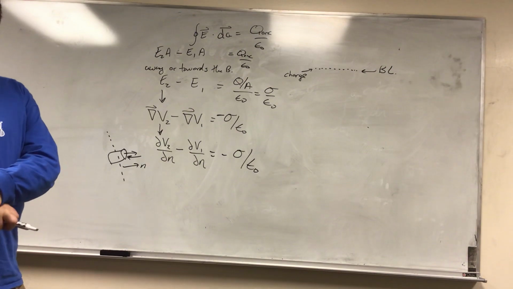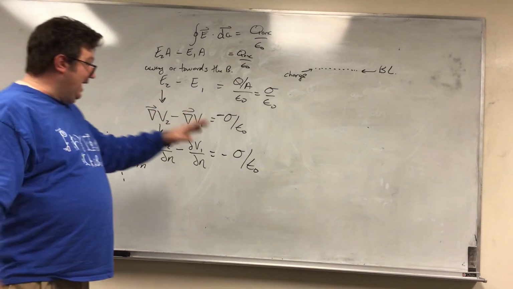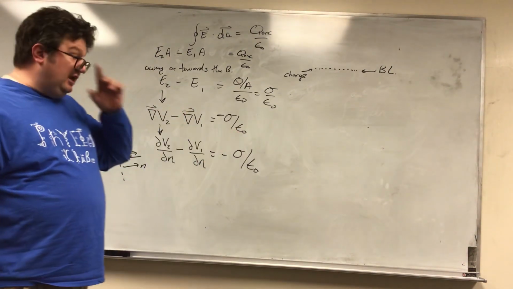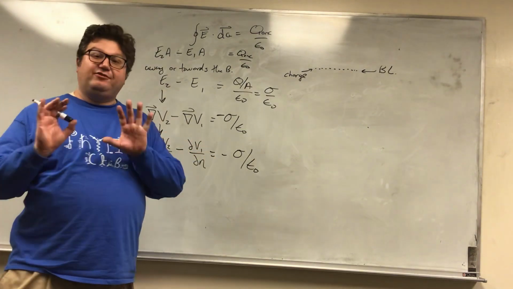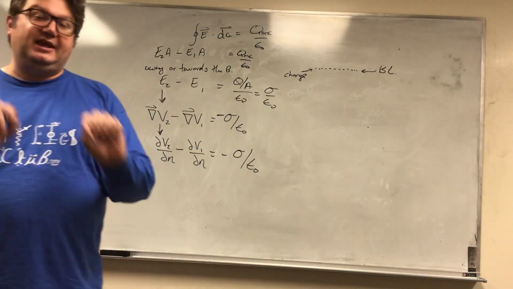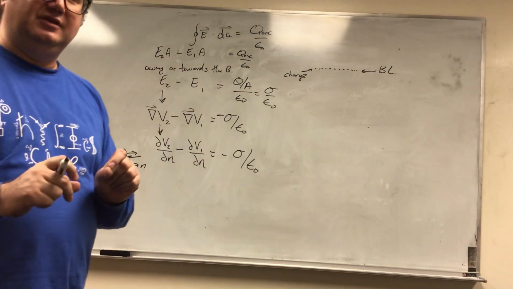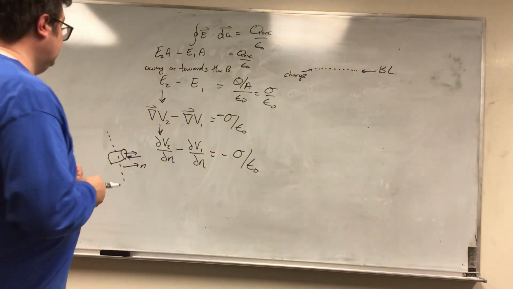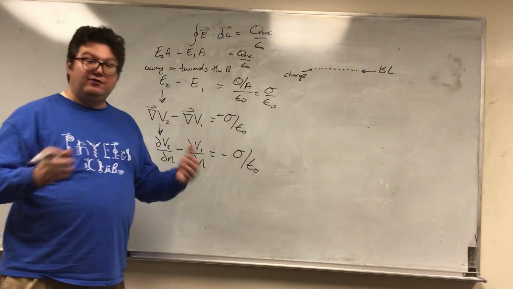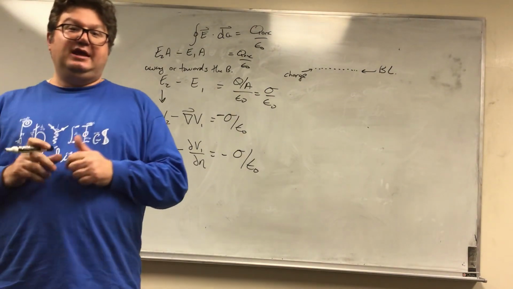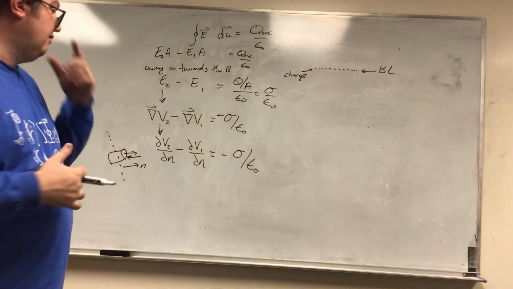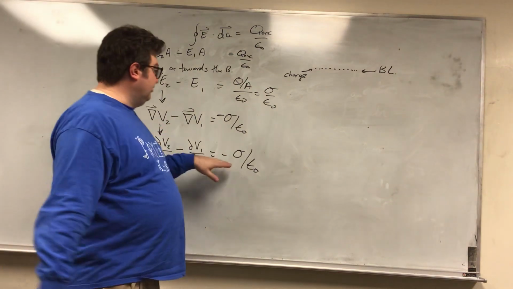So this becomes our second boundary condition. While the potential is continuous, if I have a surface charge density, the potential is not continuous in the first derivative. I would expect that in the first derivative of the potential there would be some dependence on this charge density.